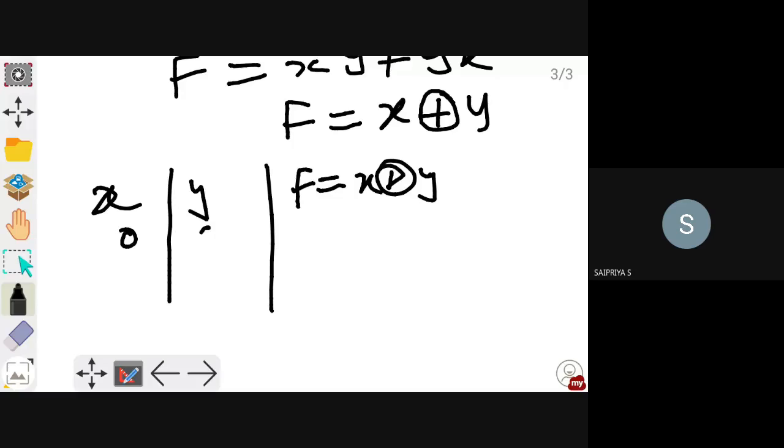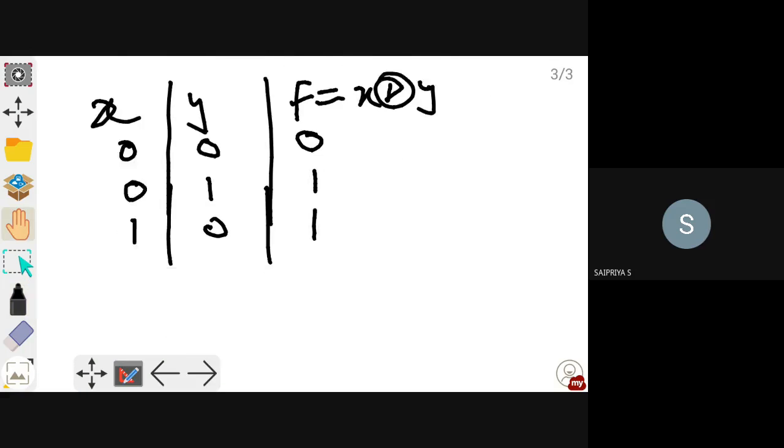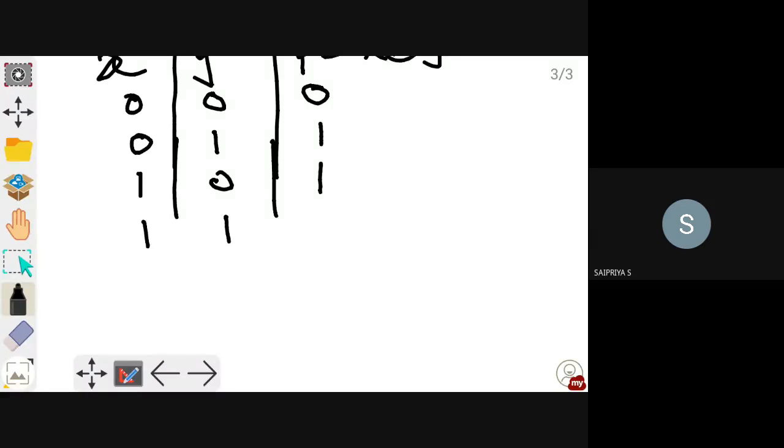If both the inputs are the same, you get the value of 0. And 0, 1 means 1. 1, 0 means 1, and 1, 1 means 0.